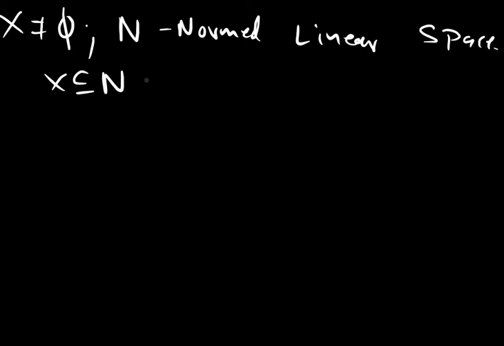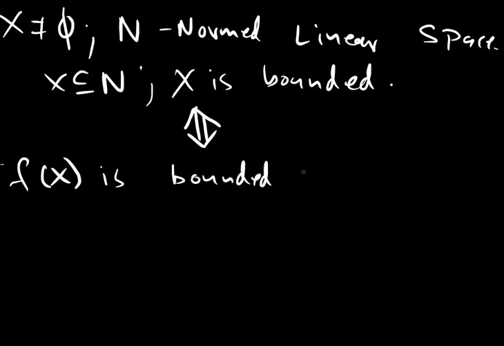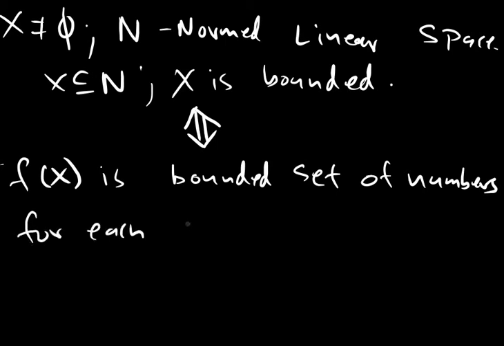X is bounded if and only if we have the following situation: the set f of capital X is a bounded set of numbers for each f belonging to N star.